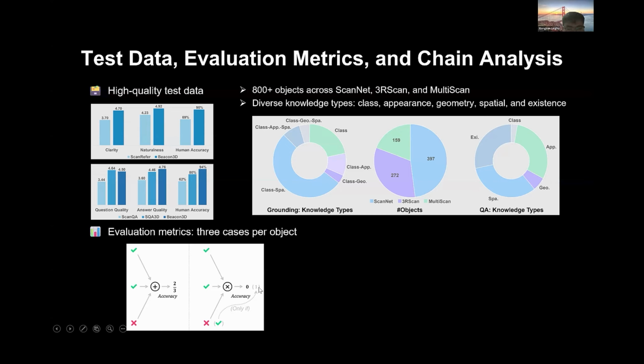However, in our metric, if the model answers 2 questions for a specific object but fails on one question about this object, then the score is 0. Only if all the questions are correctly answered is the score 1. So this metric is much stricter than the previous metric.